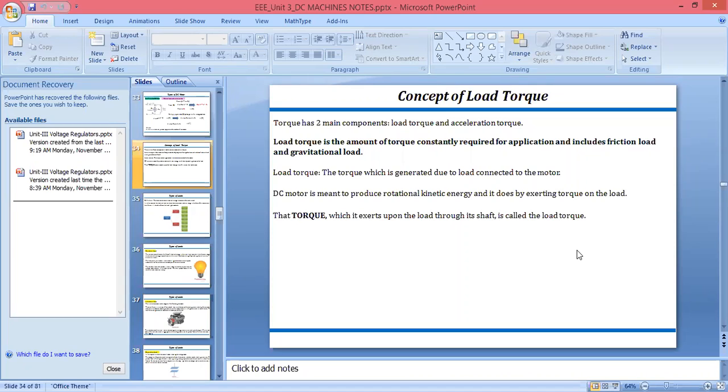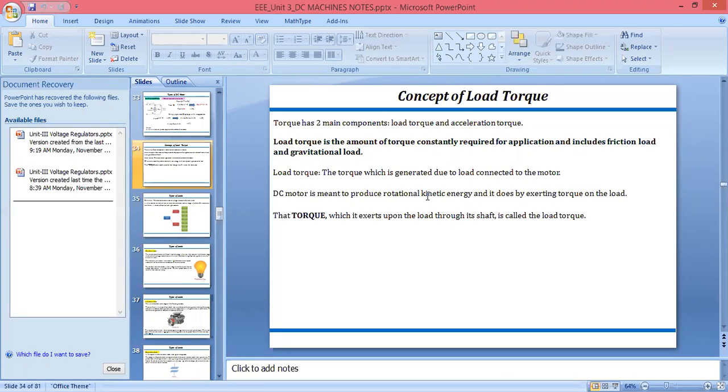So when we are using a DC motor or a DC generator, at that time the armature and conductor will rotate. When the DC motor rotates, it will produce rotational kinetic energy, and it does so by exerting torque on the load.